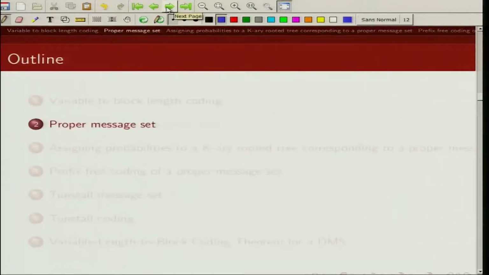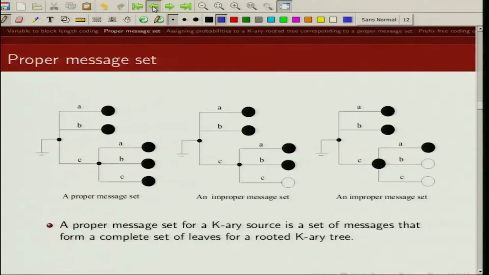Now how do we do this source parsing? That brings us to this concept of proper message set and improper message set. Look at first this example. Let's say I have a source that emits three letters. It's a ternary source which emits A, B and C. And let us look at this particular message set.